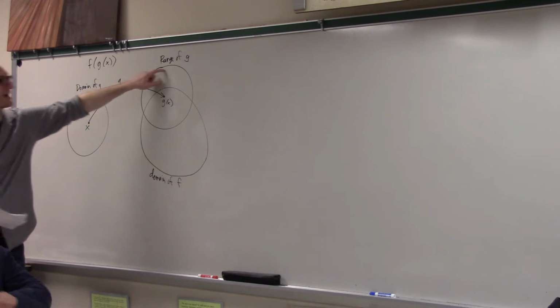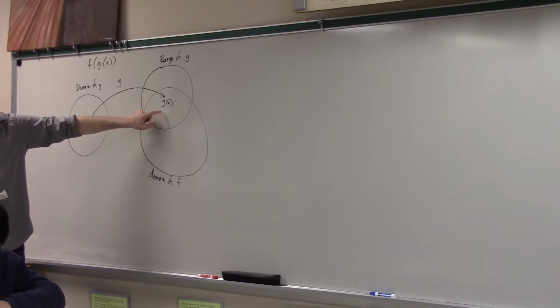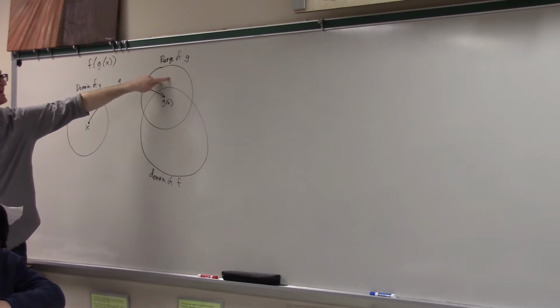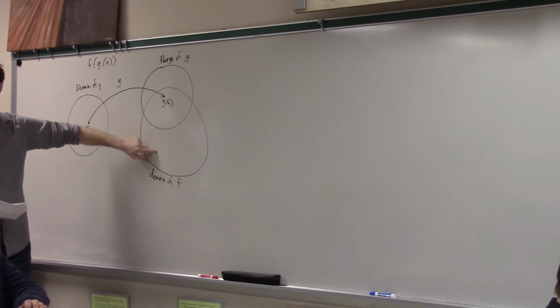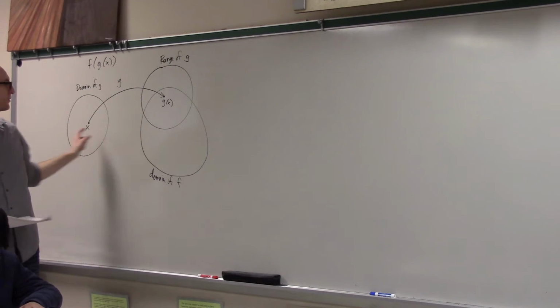And it's the intersection of the range of g and the domain of f which provides the possible landing sites for g of x, right? Because if g of x lands here, then I can't plug it into the domain of f, follow? And if something were here, then there would be no way to get there.